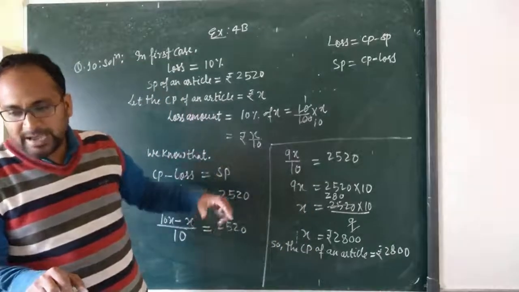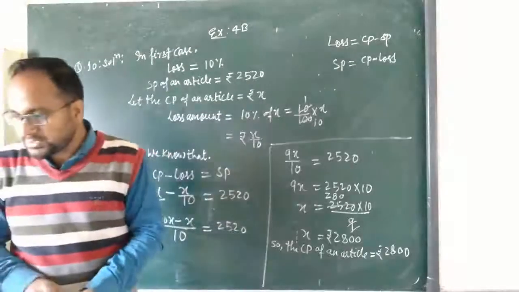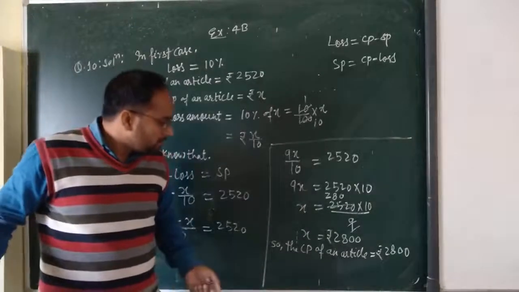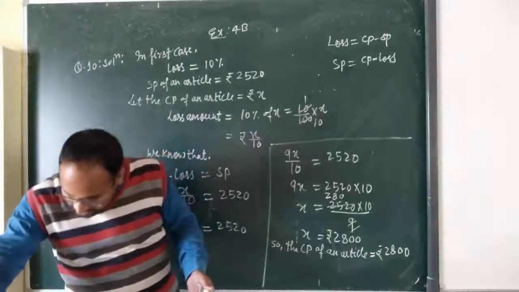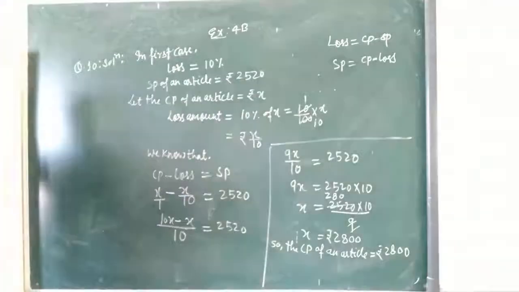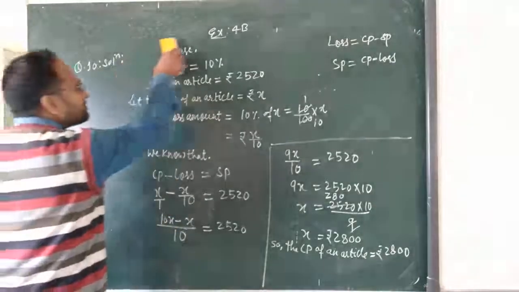At what amount should he sell it? That amount we are going to find. So 2800 is the cost price. Now see the next step. In the second case, this is the first case.